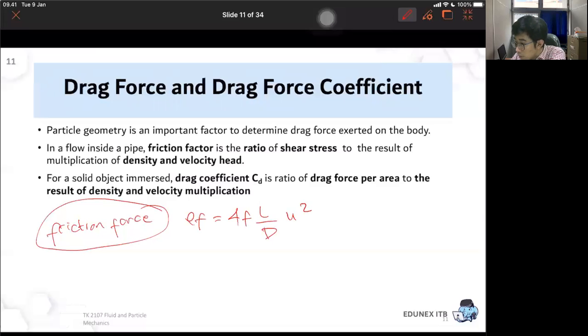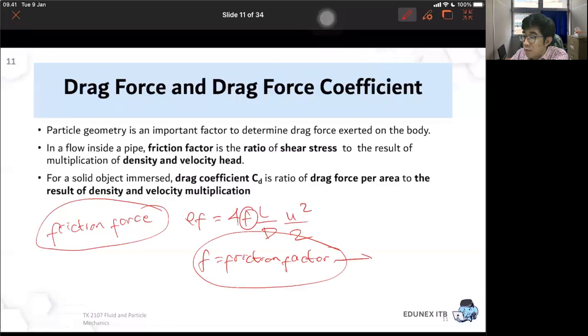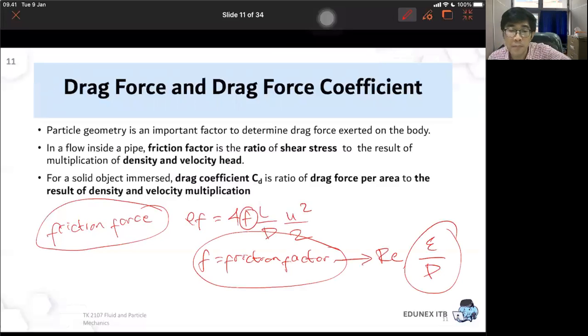You cannot forget the formula. F is the friction factor. How to calculate the friction factor? It is a function of the Reynolds number, and sometimes also a function of epsilon over D, the smoothness of the pipe.